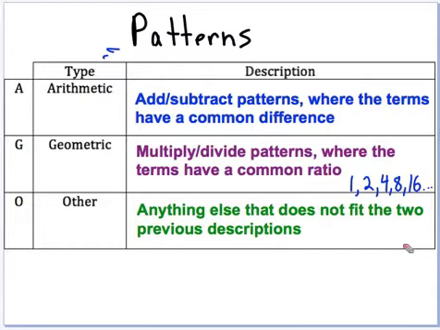Think about the alphabet, A, B, C, D, E, F, G. That is a pattern, but it's not arithmetic and it's not geometric, it's an alphabet. There's lots of other patterns that we will see, and there's no hard and fast rule or formula for the other patterns. For the arithmetic and the geometric, we'll find very specific formulas to describe those patterns.